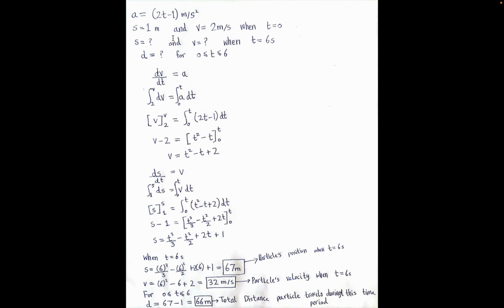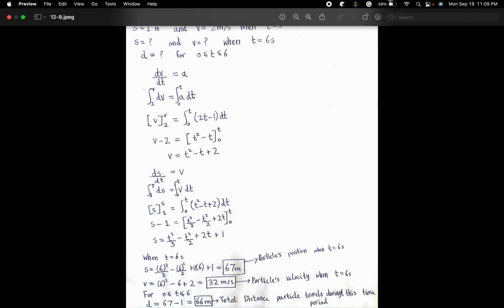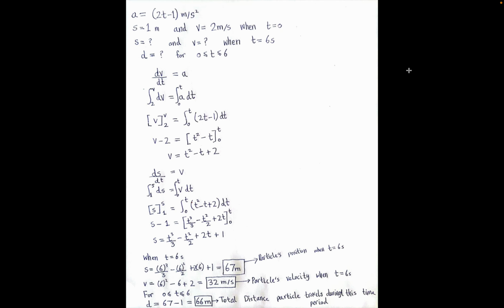So that's why we subtract that 1, and we get the total distance the particle has traveled during this time period. So this was the solution of this question. Thank you.